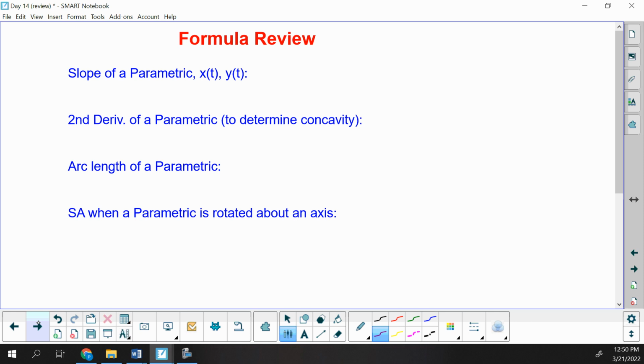So slope of a parametric, keep in mind, we need it to be a smooth curve. And dy dx is just equal to dy dt over dx dt.